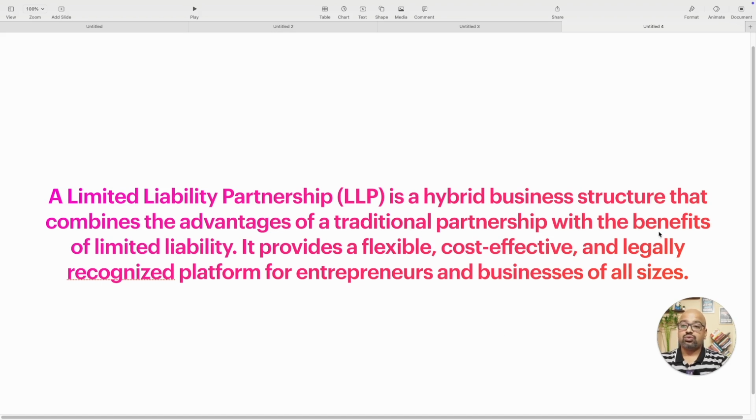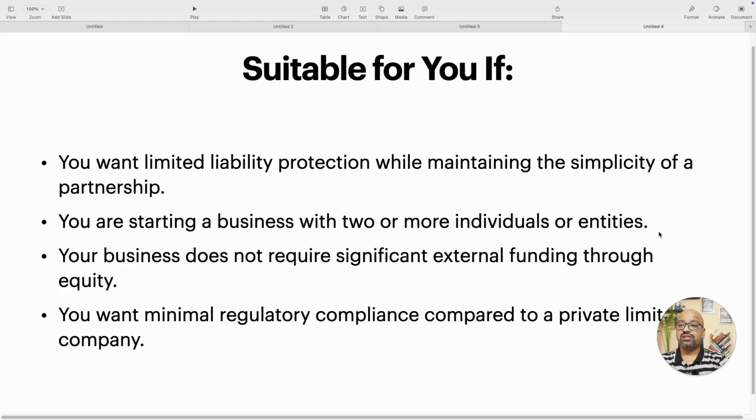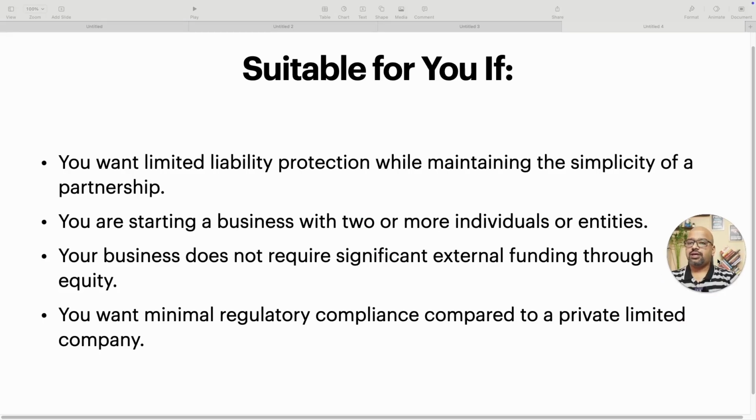And when it comes to this kind of business model, if you're establishing this for your export business, let's see what the advantages are, whether this is suitable for you or not, whether this fulfills your requirement or not. So the first thing here is you have limited liability protection, which maintains the simplicity of a partnership. Whatever liability is going to come to you, it has a limit.